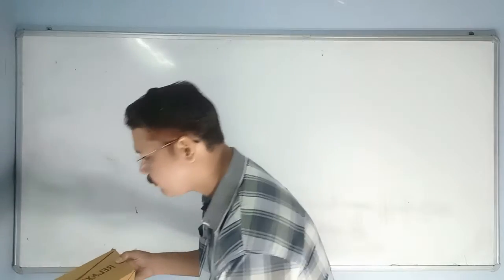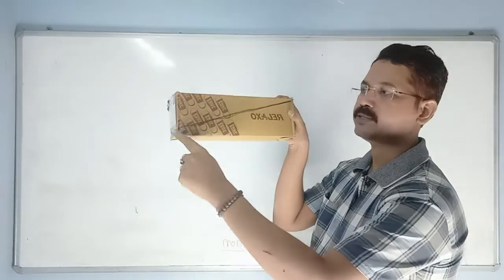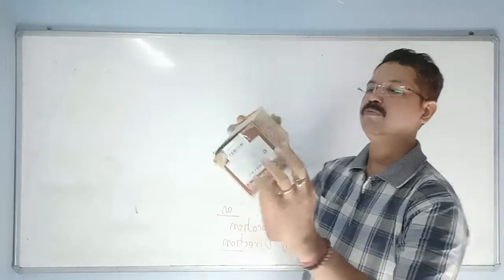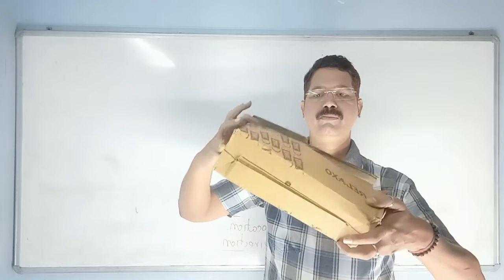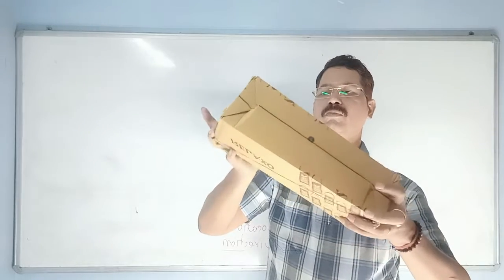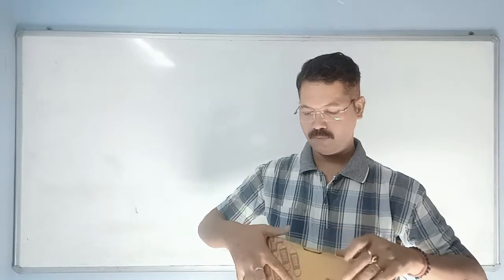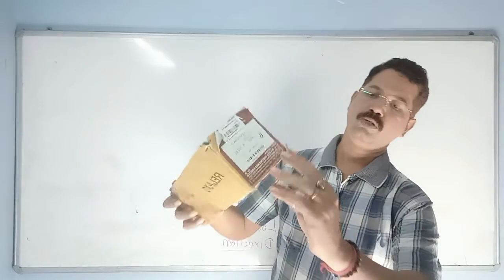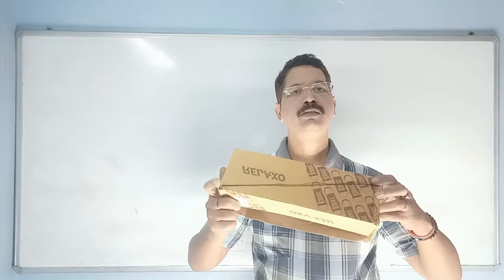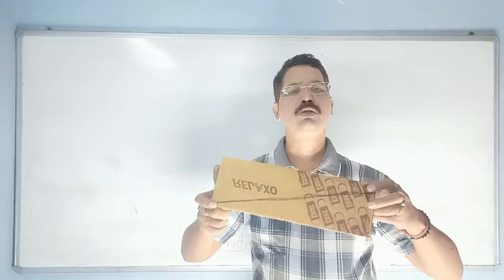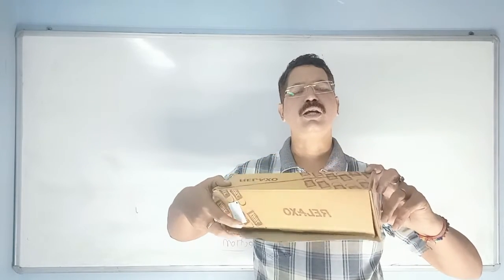So this is the diagonal axis of this body, and the body will rotate like this. This is the finger, this is the finger. In both cases, the axis is passing along the diagonal.